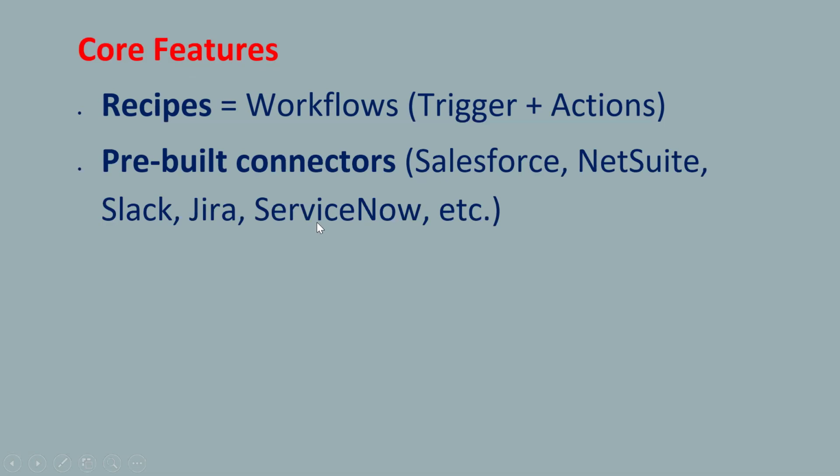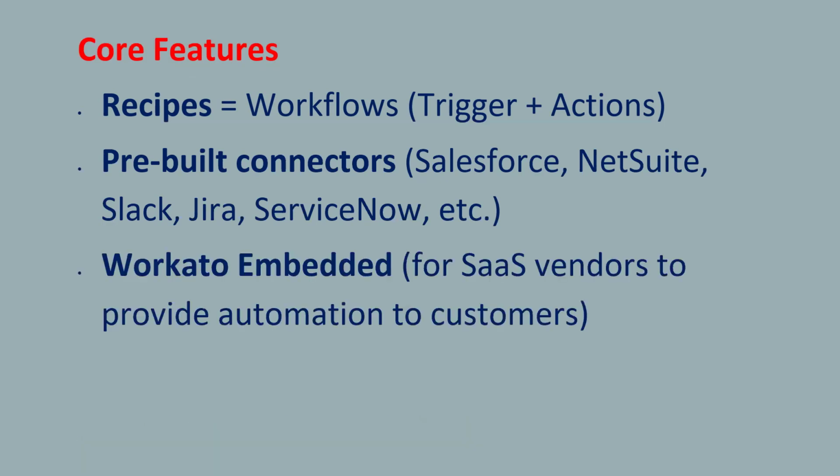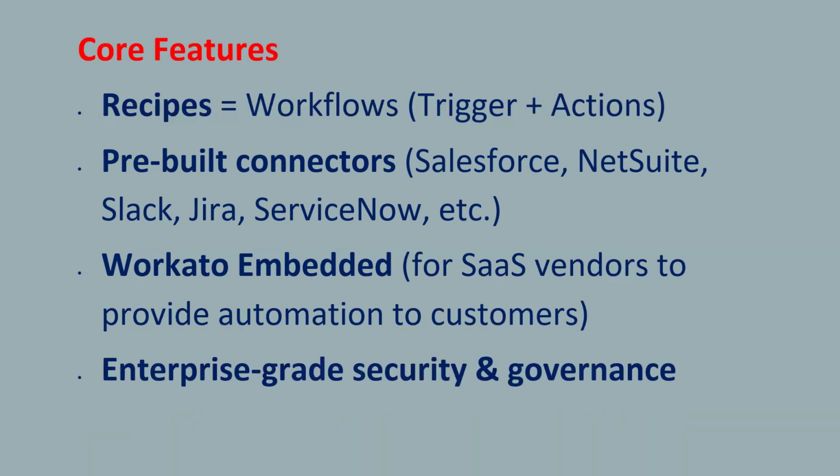Like this, so many inbuilt tools are there. By using all these tools, you can connect and do your job, so you don't need to download anything. That is the advantage here. Workato Embedded for SaaS vendors provides automation to customers. Enterprise grade: in this tool, we have very good security as well.